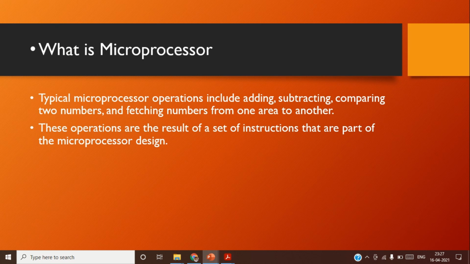So basically the arithmetic logical unit of your microprocessor performs simple binary arithmetic operations like addition, subtraction, comparison of two numbers, fetching the number from the memory, or storing the numbers back into the memory. These operations are the result of a set of instructions that are part of the microprocessor design.